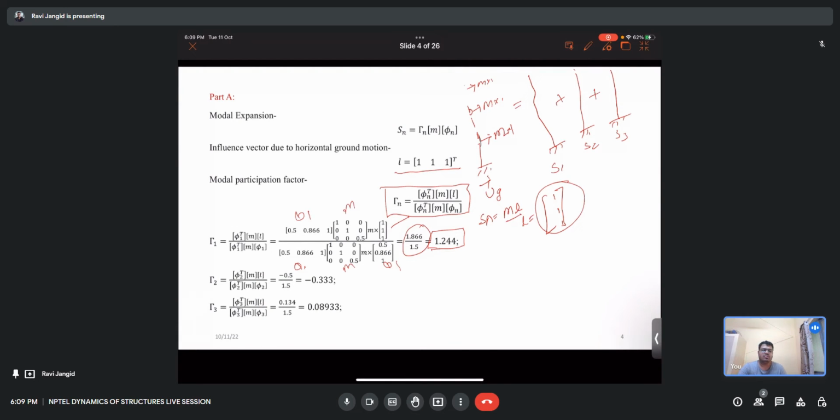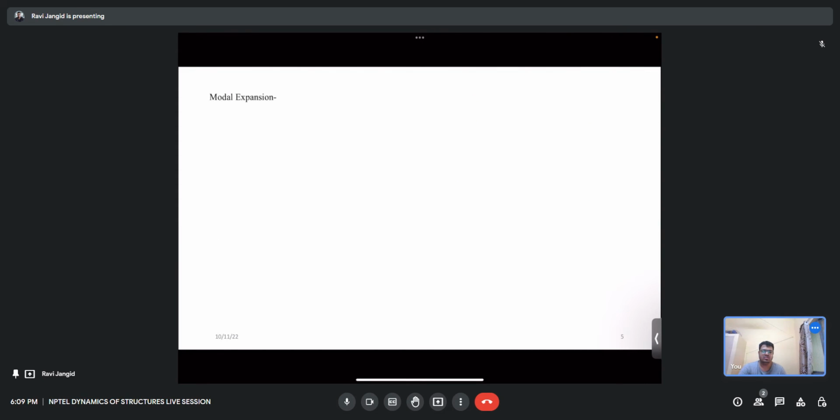Now after calculating the model partition factor, we can get the model expansion of the vector. Okay, so for this model expansion Sn, that is gamma n m phi n. So for S1, corresponding to the first mode, gamma 1 mass matrix phi 1.